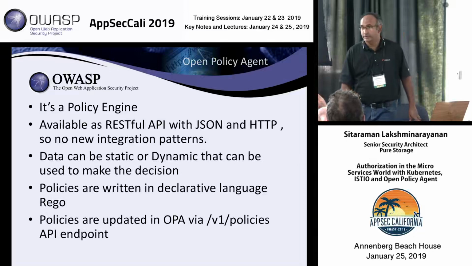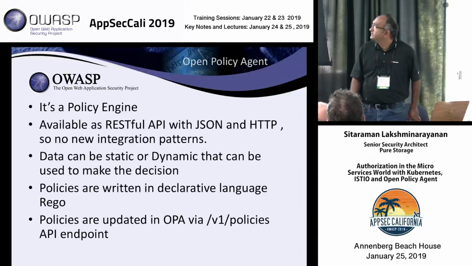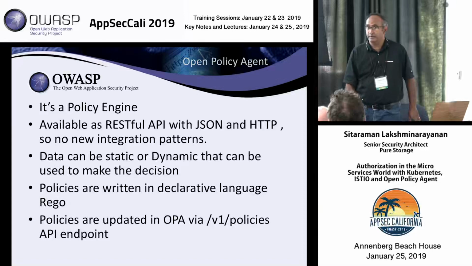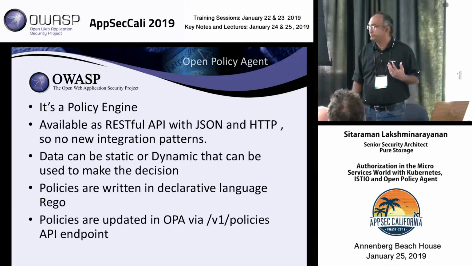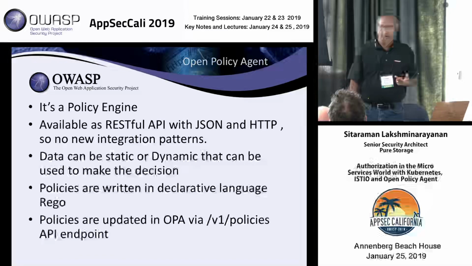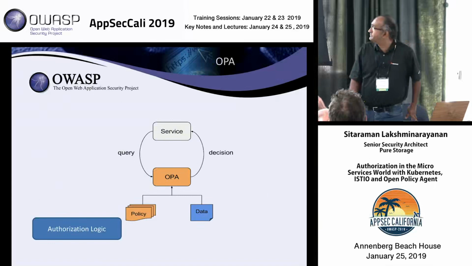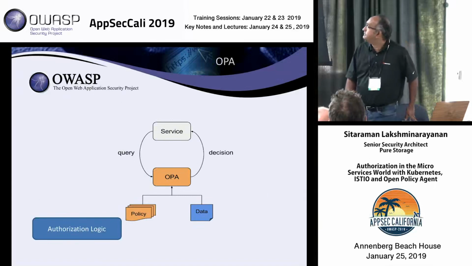Open Policy Agent is a policy engine that is exposed as a REST API, which means you will be able to make your own decisions based on the data that is being posted, or it can query other resources. And then it will give you a decision that says true or false that you can use. At a high level, you have an OPA service running, your service endpoint makes a query, and it gives you a decision back.